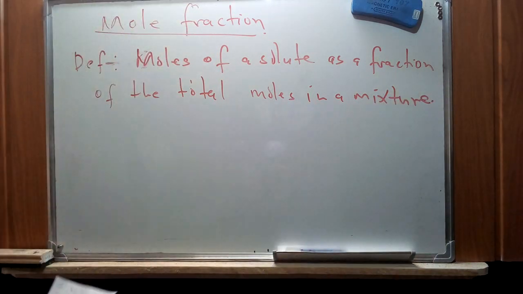So whenever we have two reacting species or just a mixture of species, this concept of a mole fraction is useful to describe the number of moles or the volumes when these two reactive components are mixed together.